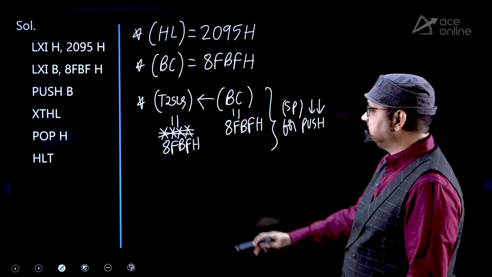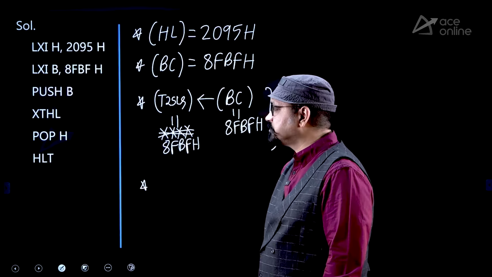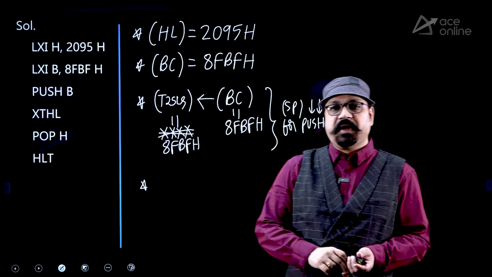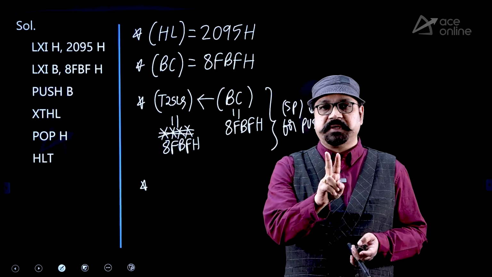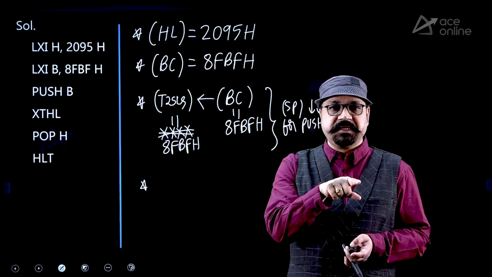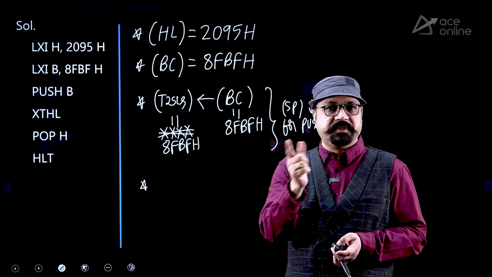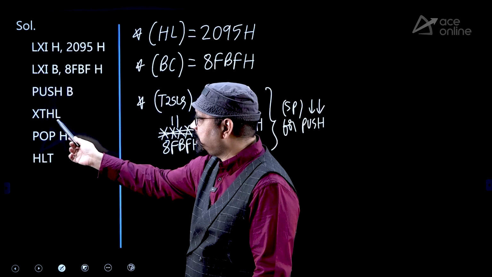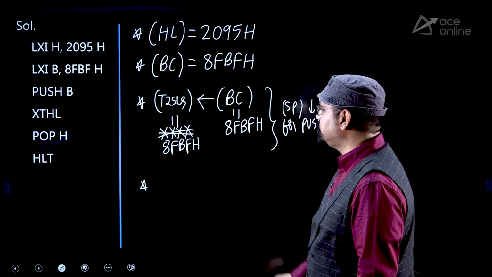Then XTHL, what does XTHL stand for? Exchange. In 8085 there are 2 exchange instructions, XCHG and XTHL. In XCHG, HL pair content is exchanged with DE pair. In XTHL, as the name implies, HL pair content is exchanged with the top 2 stack locations.